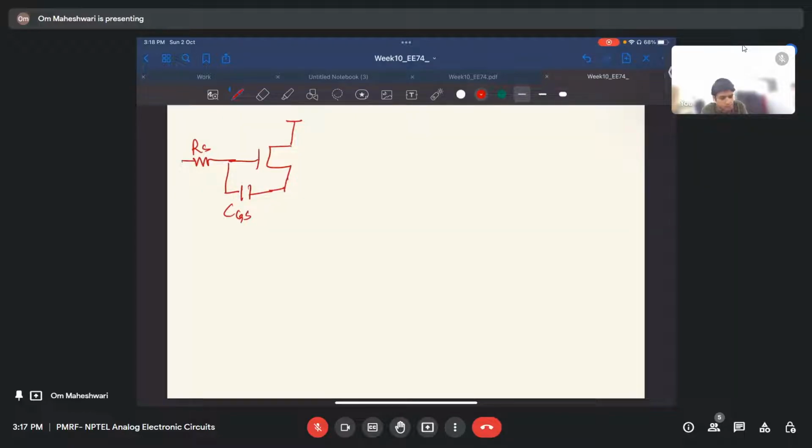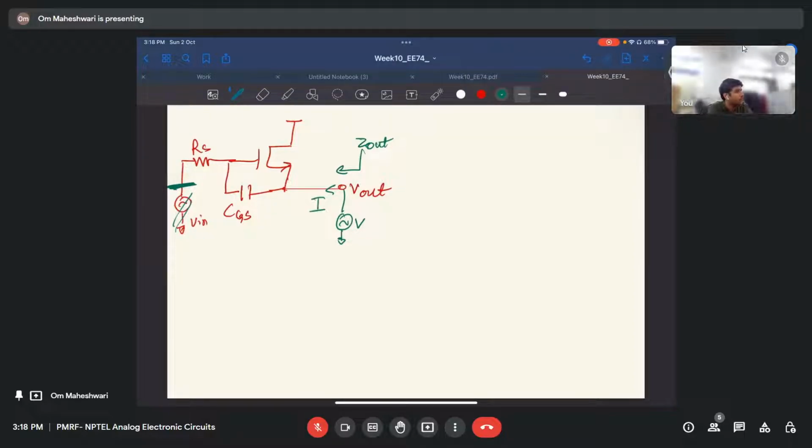CGS, V out. So we have to find Z out here, and input is actually connected here, but while finding Z out, we disconnect the input. We connect our test input here, V and I. So I'll just remove this. Let it be capital I.